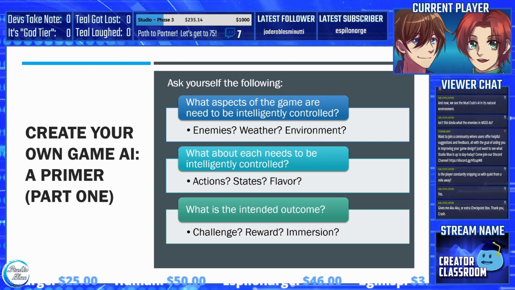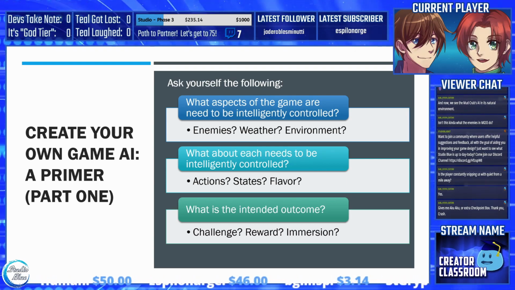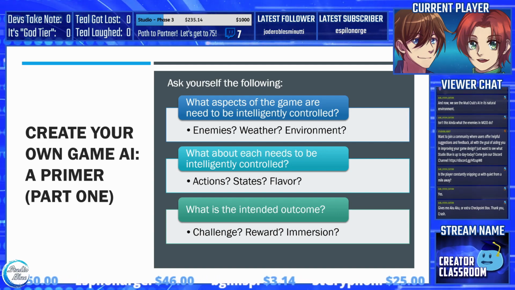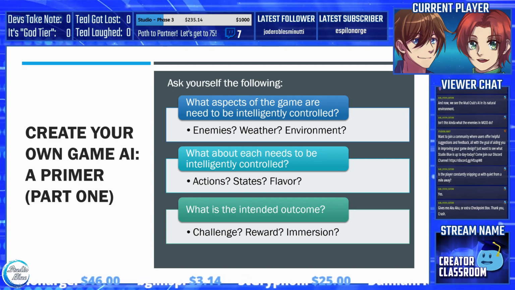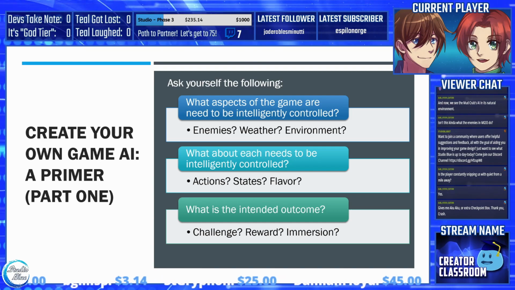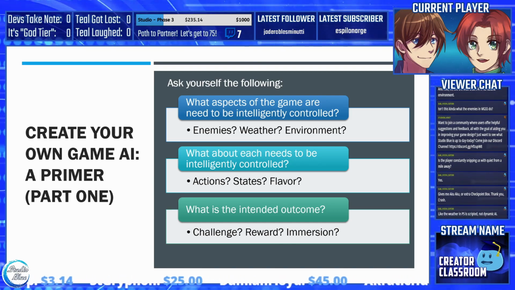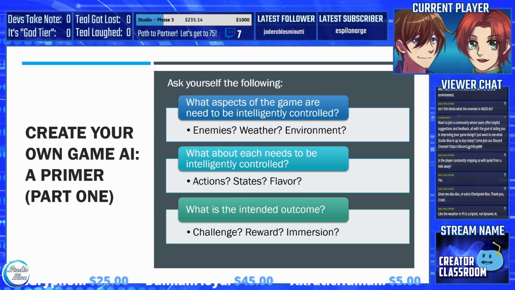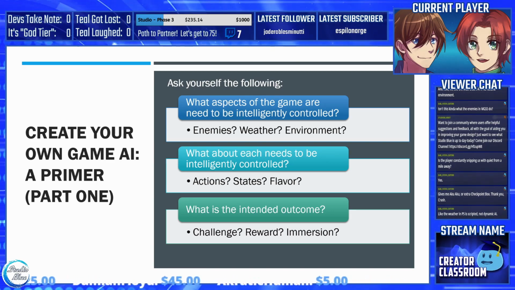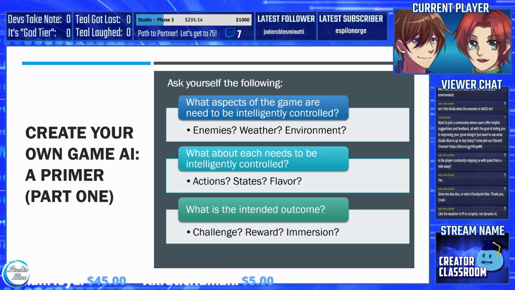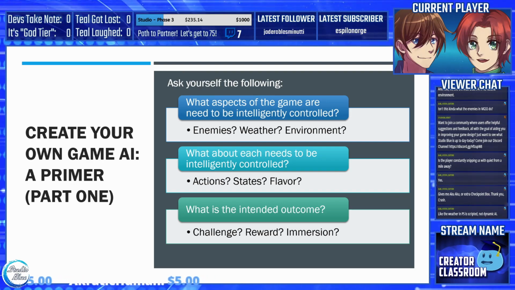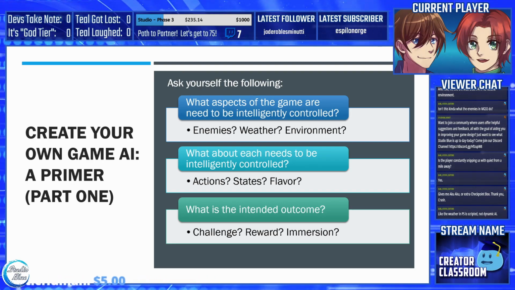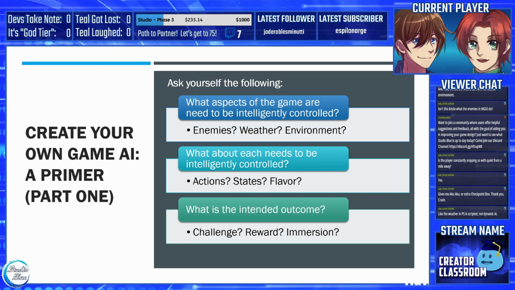But don't limit yourself to enemies. The weather could be intelligently controlled. Everyone always wants to throw out dynamic weather systems, and they're great, but wouldn't it be nice to have an AI controlled weather system where the weather gets tougher on you, the snow gets harder if you're progressing too quickly?